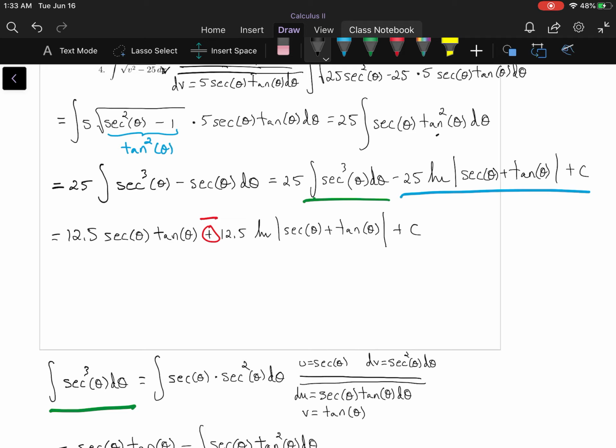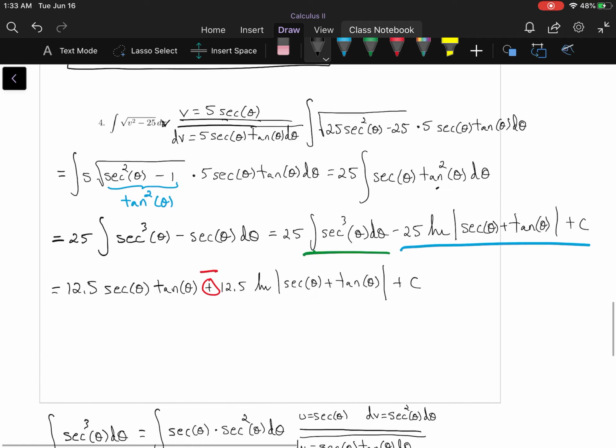So finally, we need to figure out what secant and tangent are in terms of x. Remember our substitution, in terms of v, was that v is 5 secant theta, which means secant theta is v over 5. So some of this we could get pretty quickly.